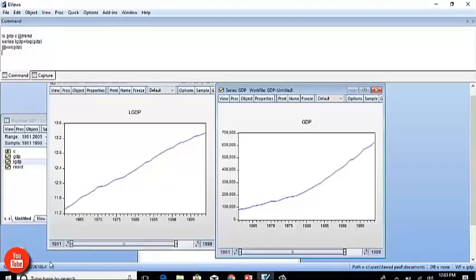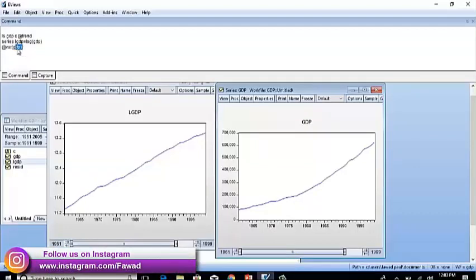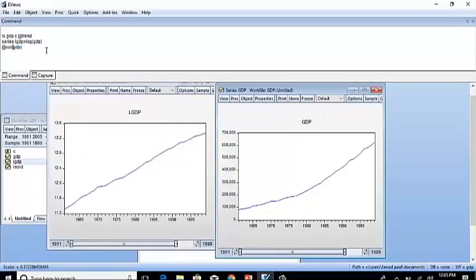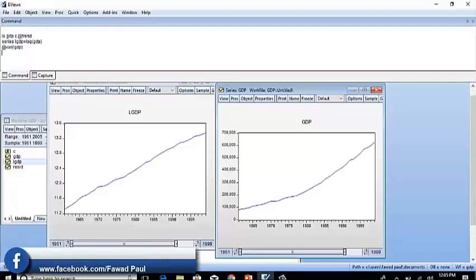Write it down on one page. And what is the variance of log of GDP? Just write @var LGDP and click OK. So this is the variance of log of GDP.